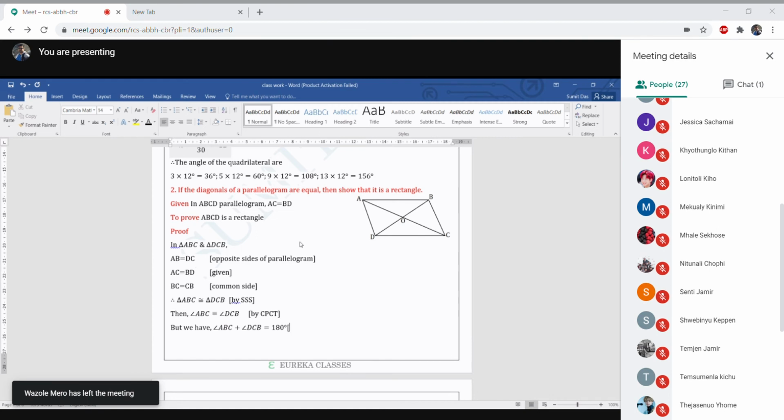Write down in brackets: AB parallel to DC and BC transversal, so interior angles.